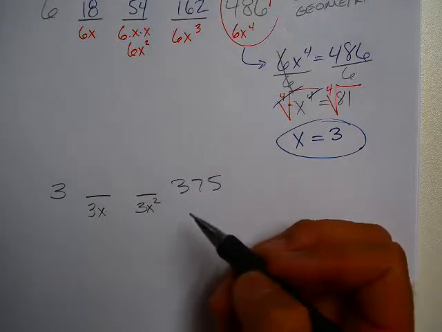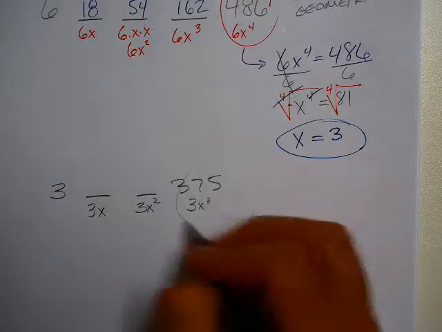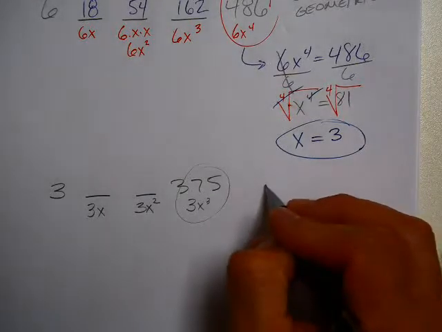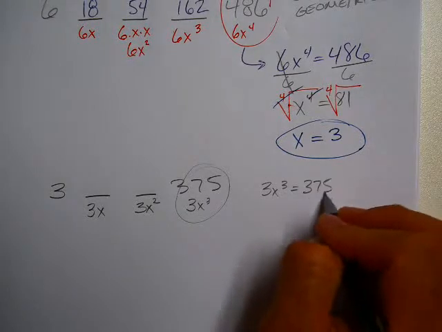So I keep going until I know something that I can set equal to one another. So in this one, we're going to say 3x to the third power equals 375.